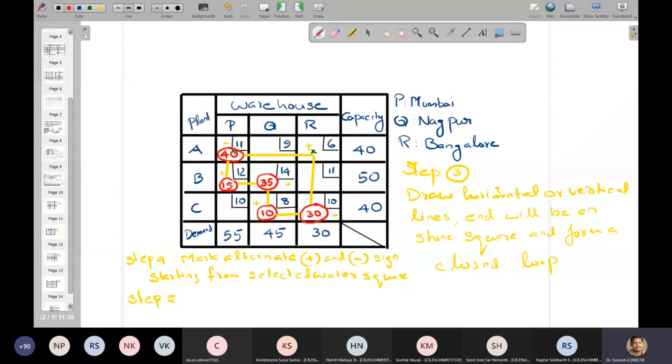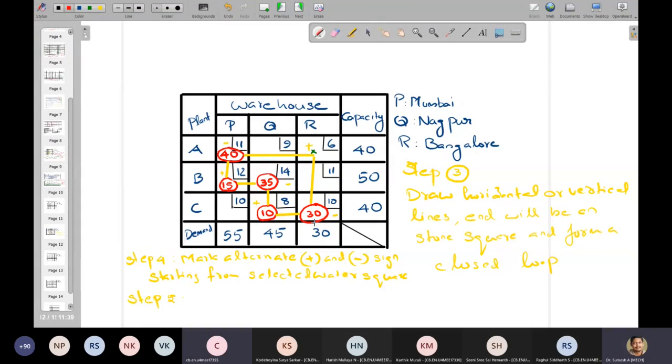Then only my net distribution will tally. Now you can see if I move 40 to here, I cannot make this 0. I cannot move 40 to here. You see here it is only 30, but here 40 is there. Did you get that?